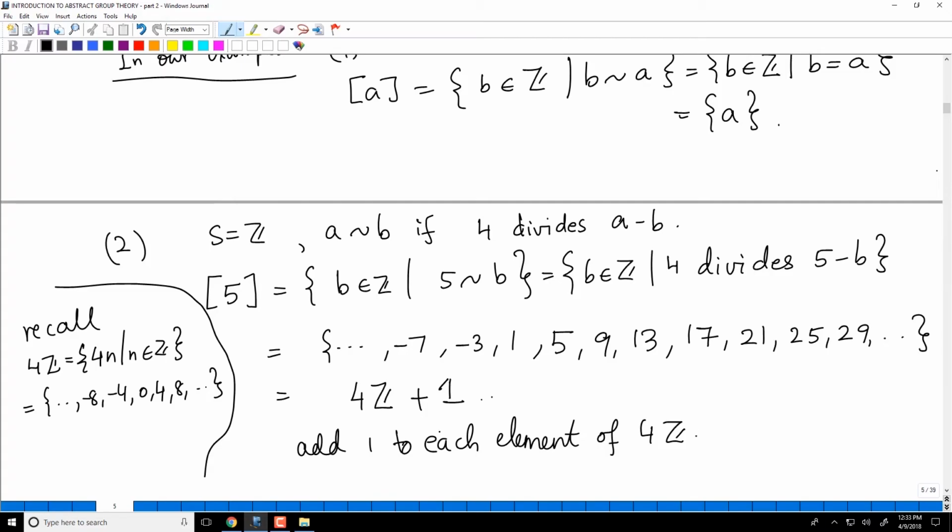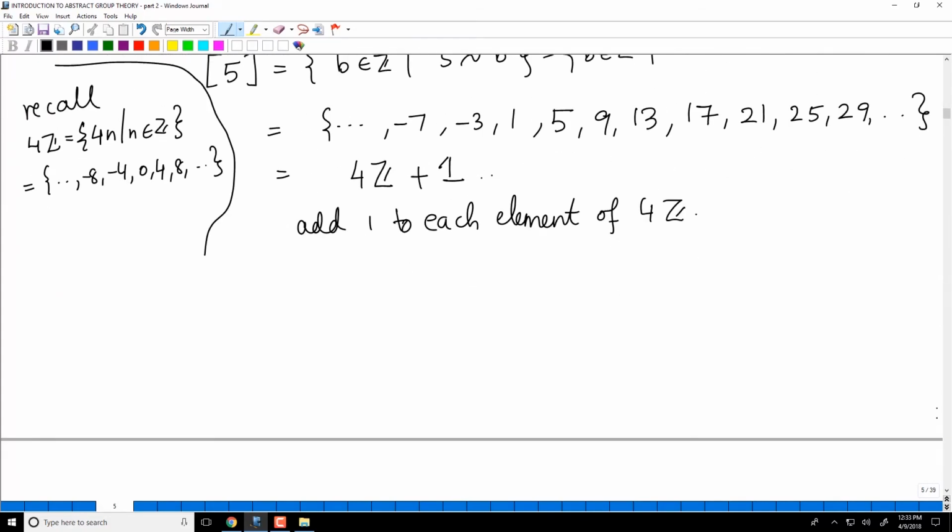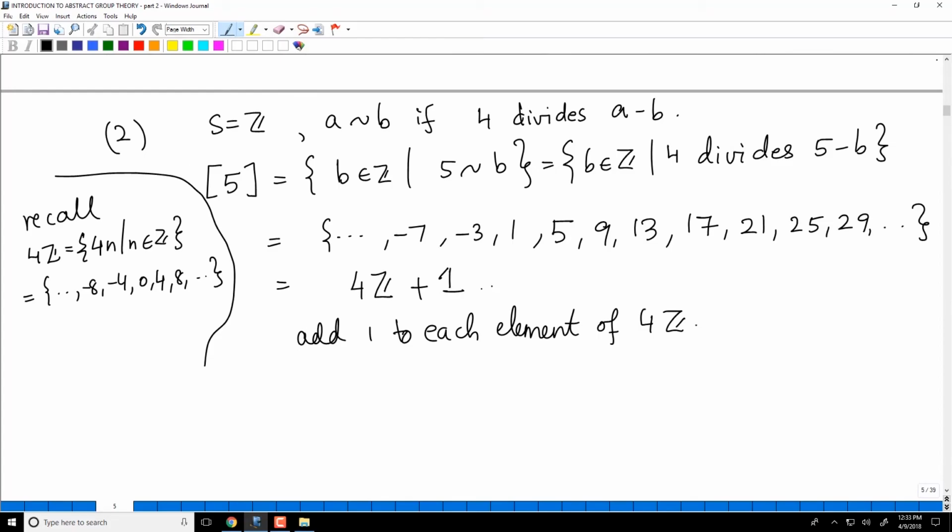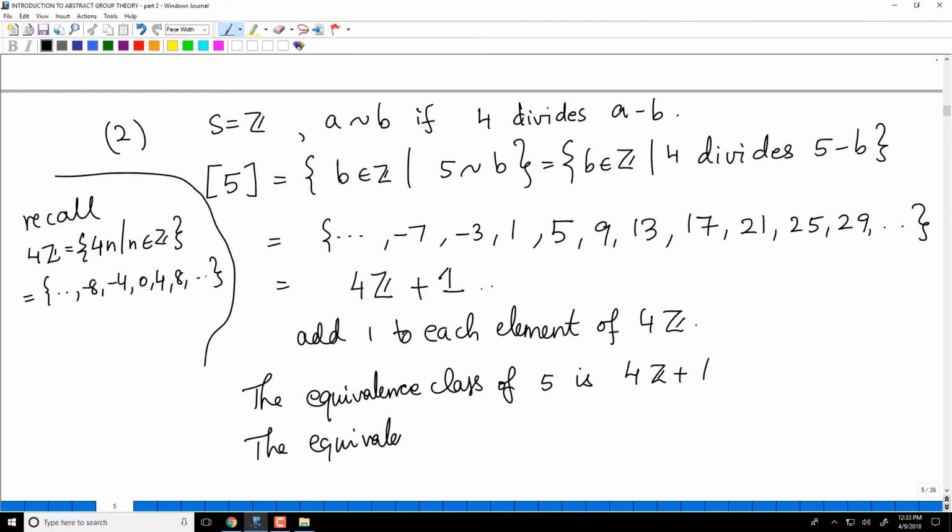Okay, we will come back to this and discuss it in more detail. But the thing to keep in mind now is that the equivalence class of 5 is 4Z plus 1. I will let you do this as an exercise. What is the equivalence class of 6?